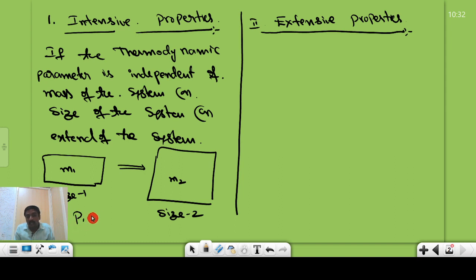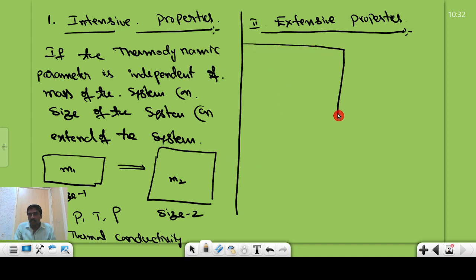So the pressure and absolute temperature, or density, or thermal conductivity, or I am writing here the example of the electrical potential, viscosity, and etc. There are some more examples.